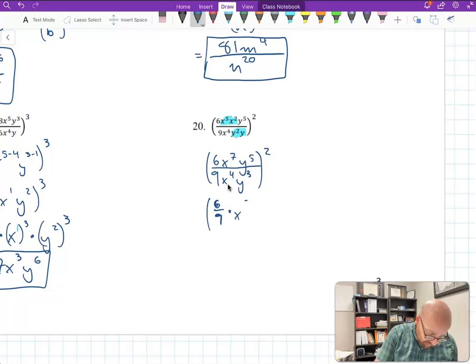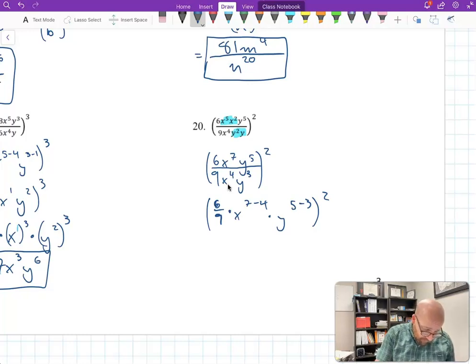That's going to be x to the 7 minus 4, times y to the 5 minus 3. 6 over 9, we can divide both 6 and 9 by 3, so that gives us 2/3 times x to the 7 minus 4 is 3, times y to the 5 minus 3 is 2.